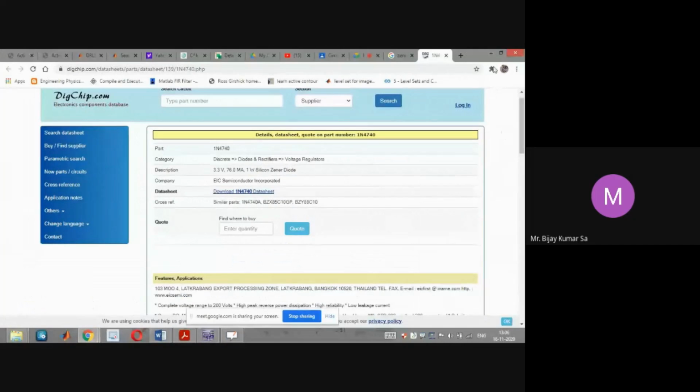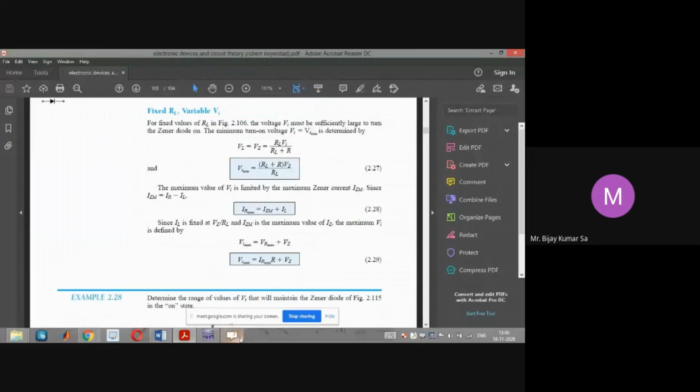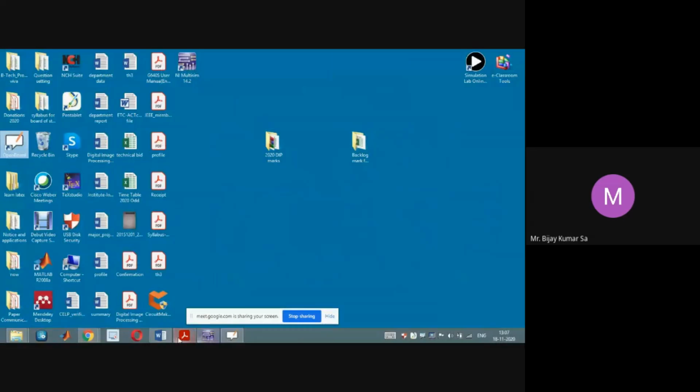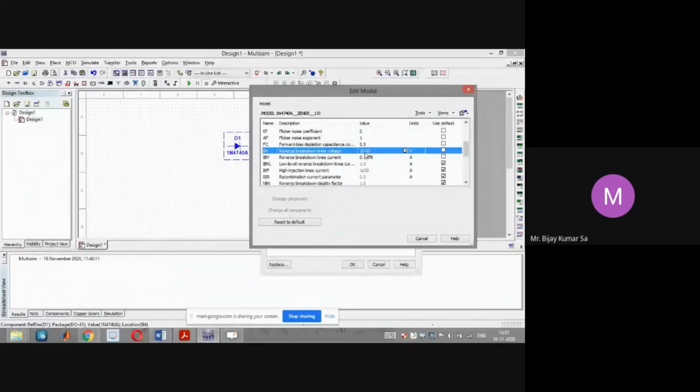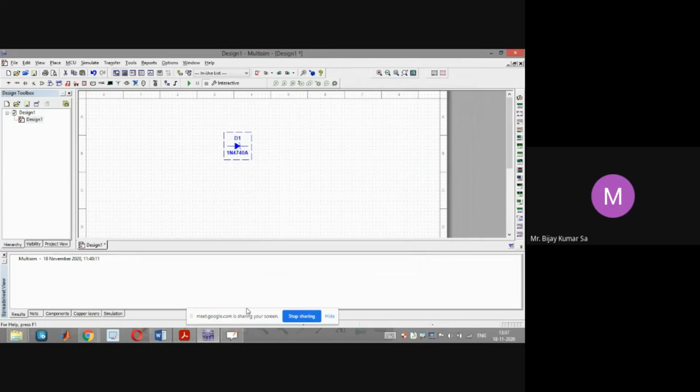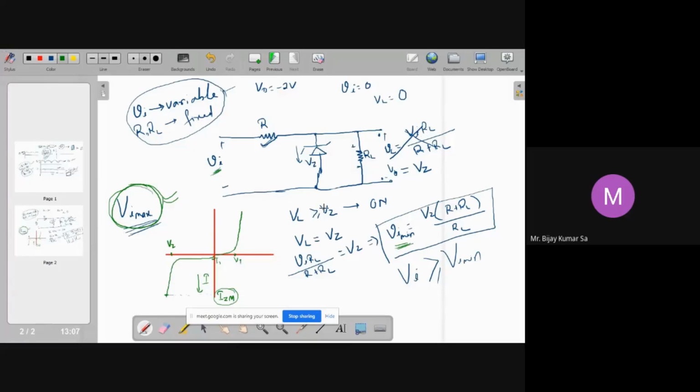So let us start using the diode. I'm noting it down, 10.05 volt. This is the reverse breakdown voltage. I'll be using this value, so that's why I should note it down.